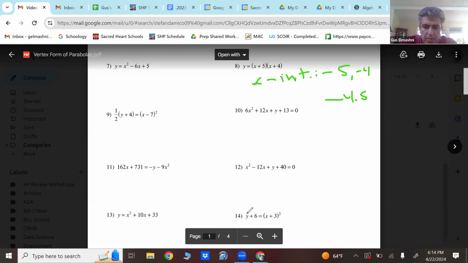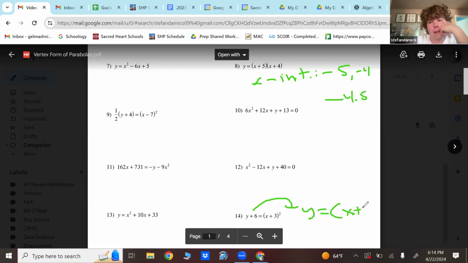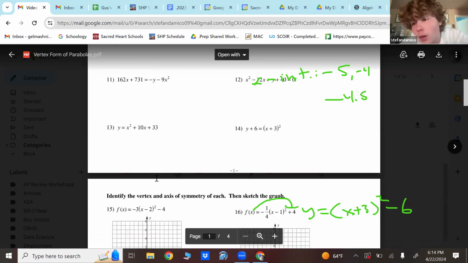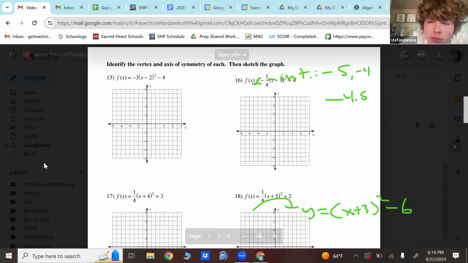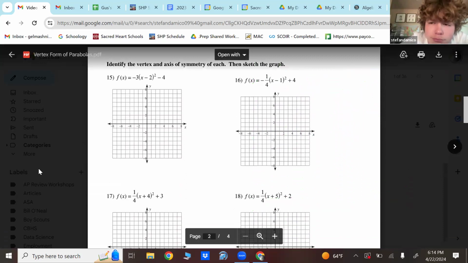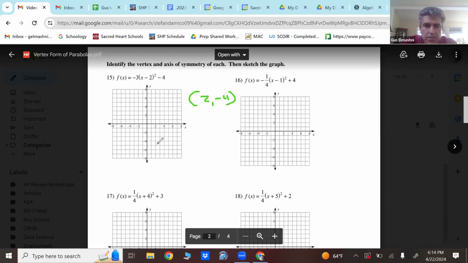That could happen too. Sometimes it might already be written in vertex form for you, or almost in vertex form. If I move the 6 over, I get that. So that's a possibility. And then if it's in vertex form, like for example for number 15, the vertex is 2 comma negative 4.